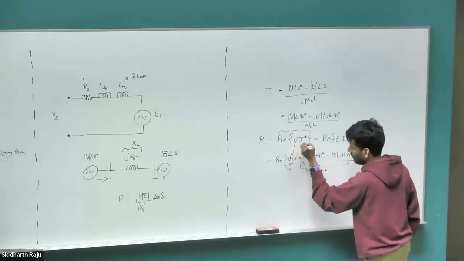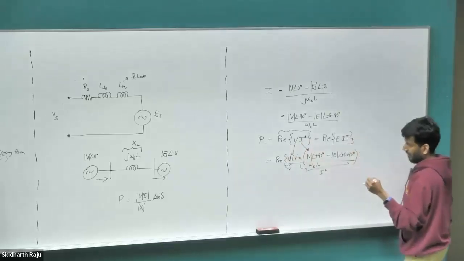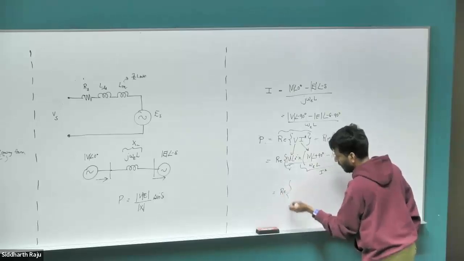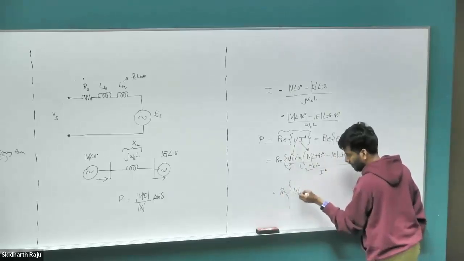Once you multiply those out, you have the real part of V squared.